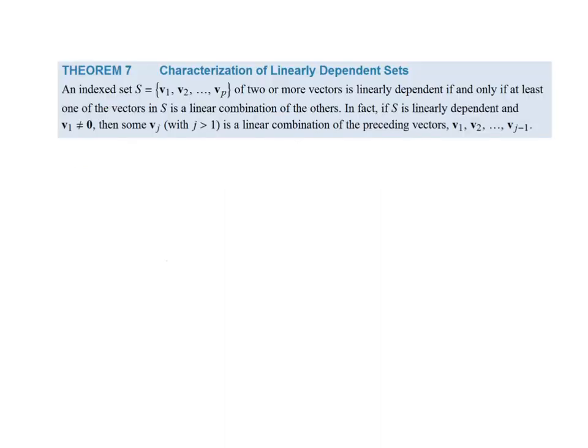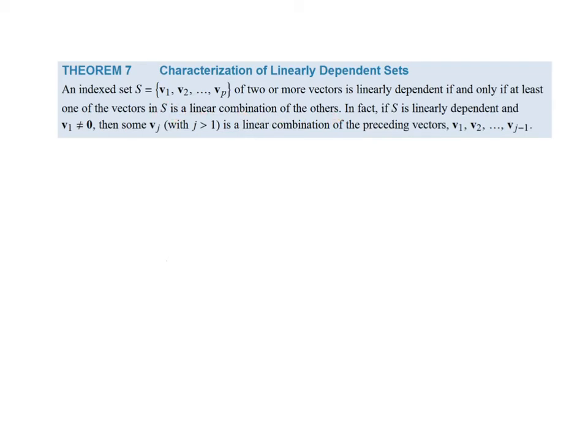Now we come to a theorem where we characterize linearly dependent sets. If I have a set of vectors v1 through vp, and there are two or more vectors, that set is linearly dependent if and only if at least one of the vectors in that set is a linear combination of the others.